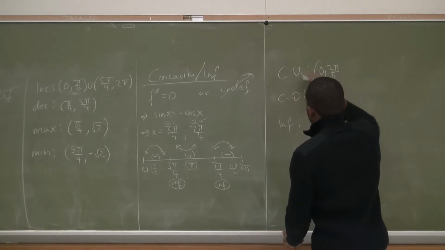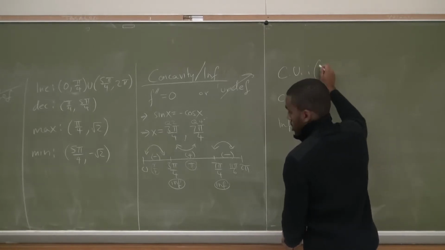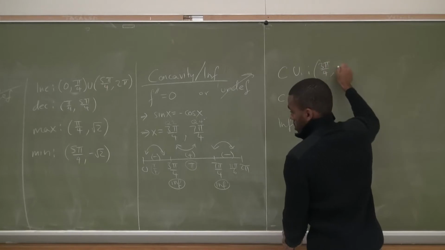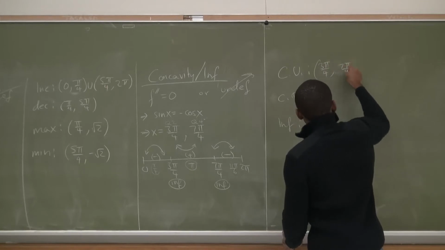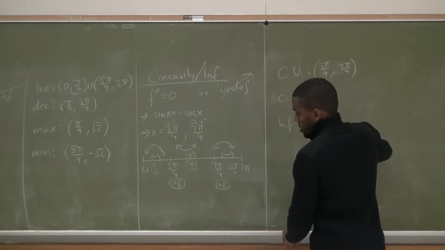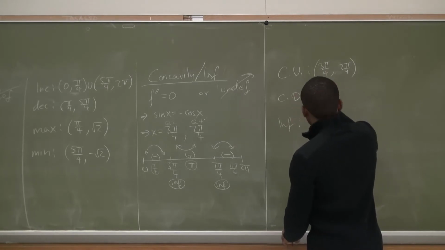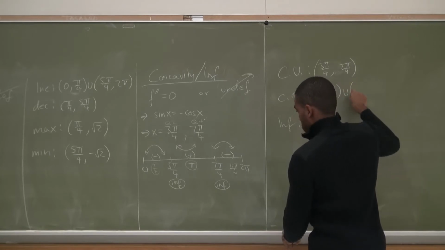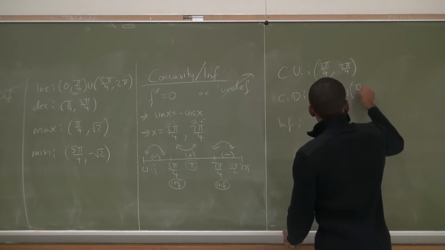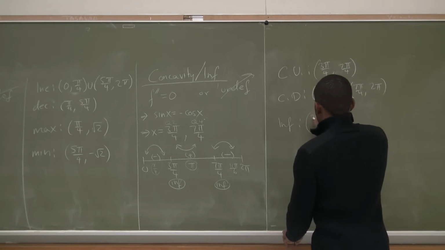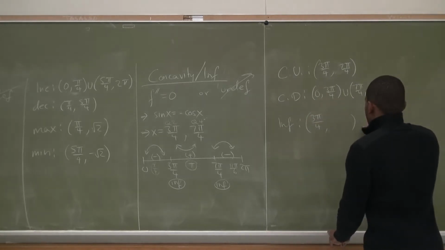Concave up is 3π/4 to 7π/4. Concave down is 0 to 3π/4 union 7π/4 to 2π. Inflections happen when x is 3π/4 and 7π/4.